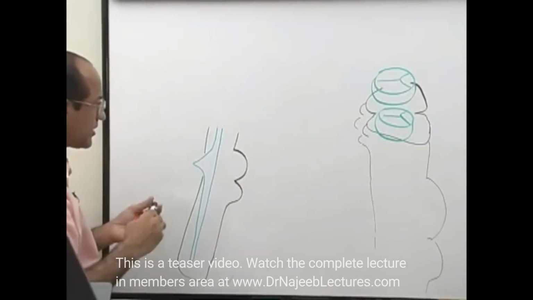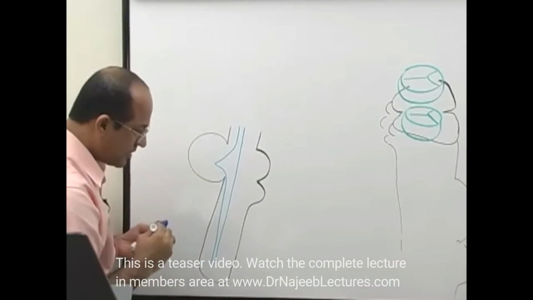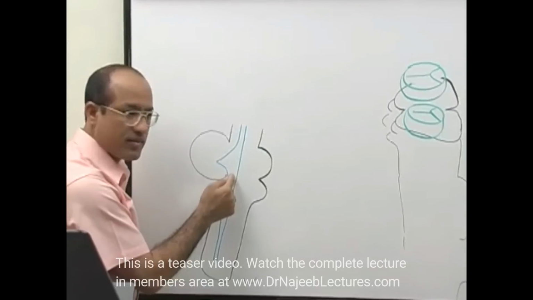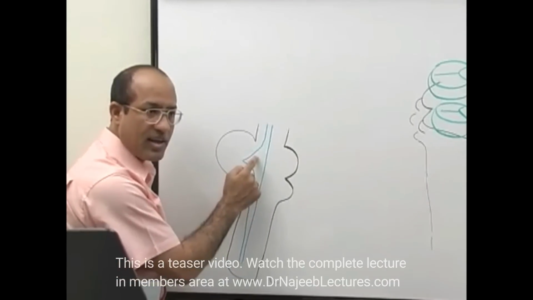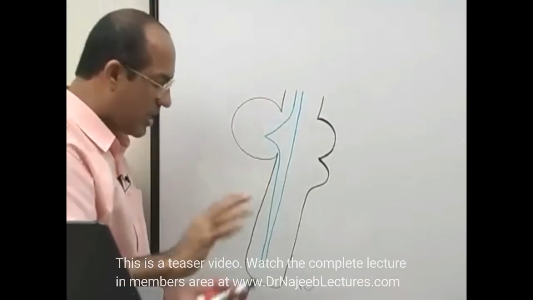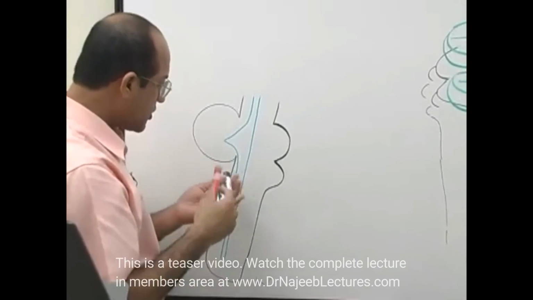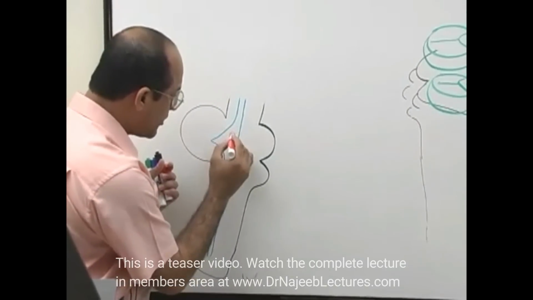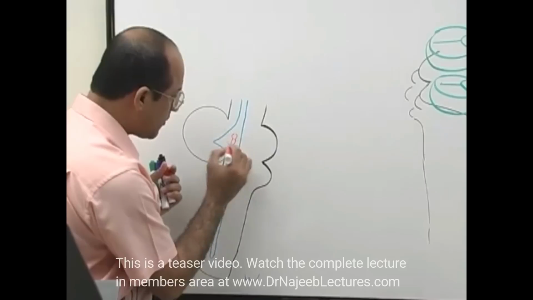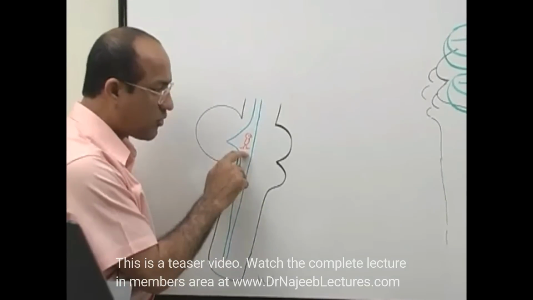Can you understand what it is? This is the spinal canal. This is the fourth ventricle. In the midbrain, what is this? Cerebral aqueduct. Very good, so you are clear up to this structure. Let us suppose you are standing in the fourth ventricle.